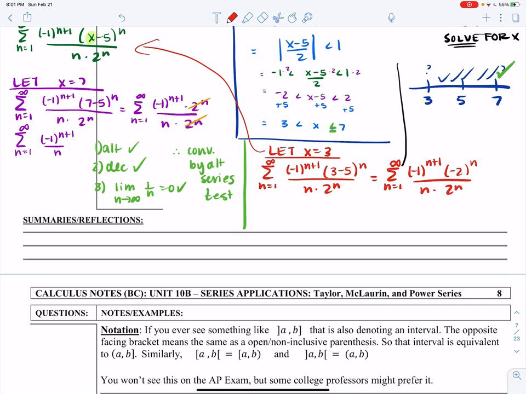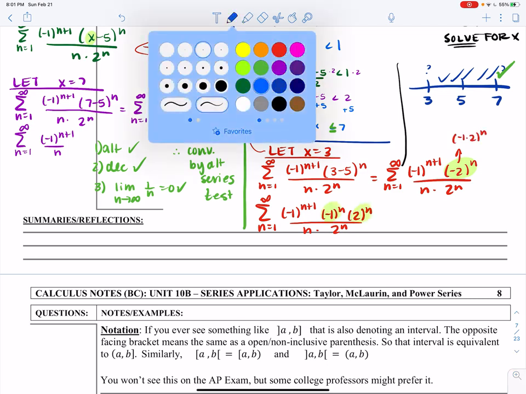My recommendation is to pull the negative 1 out of this thing. So I get the sum from n equals 1 to infinity, negative 1 to the n plus 1. Write this as negative 1 to the n times 2 to the n over n times 2 to the n. Now, how did I know that? Because if we think about this as negative 1 times 2 to the n, then I can split it apart into these two pieces.